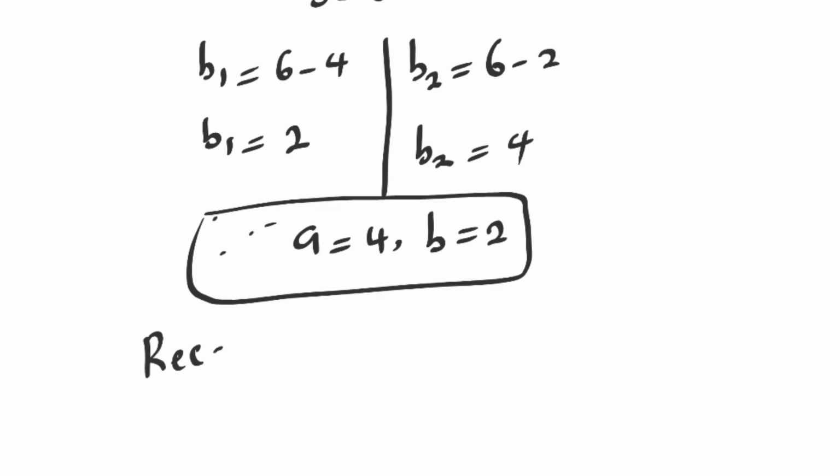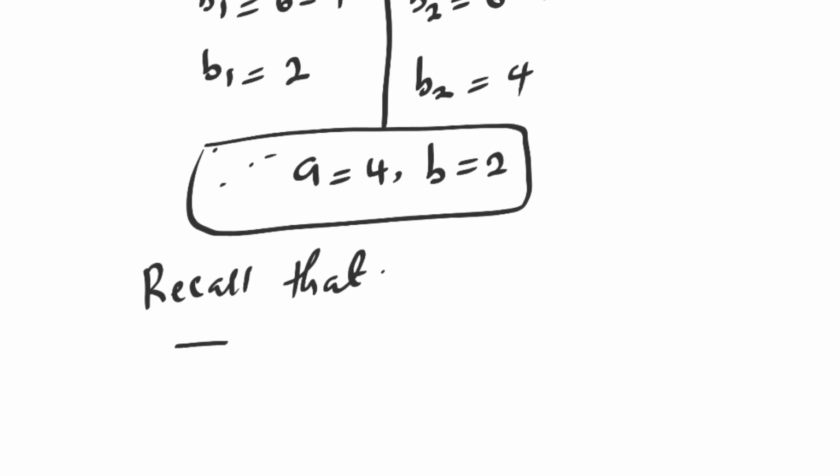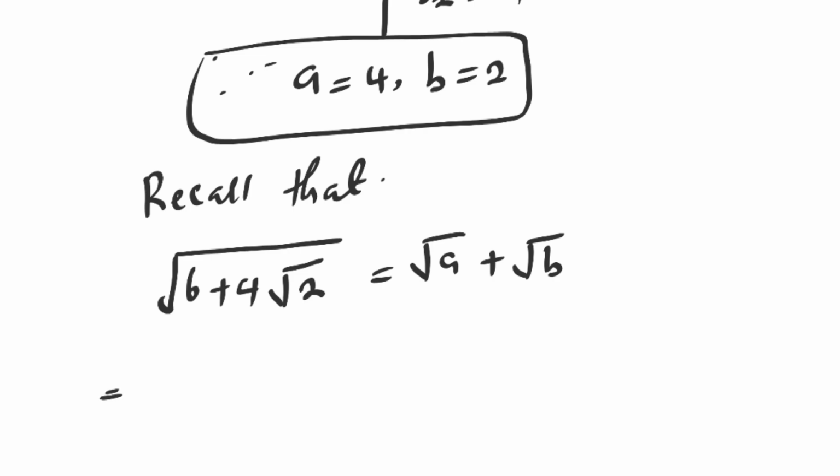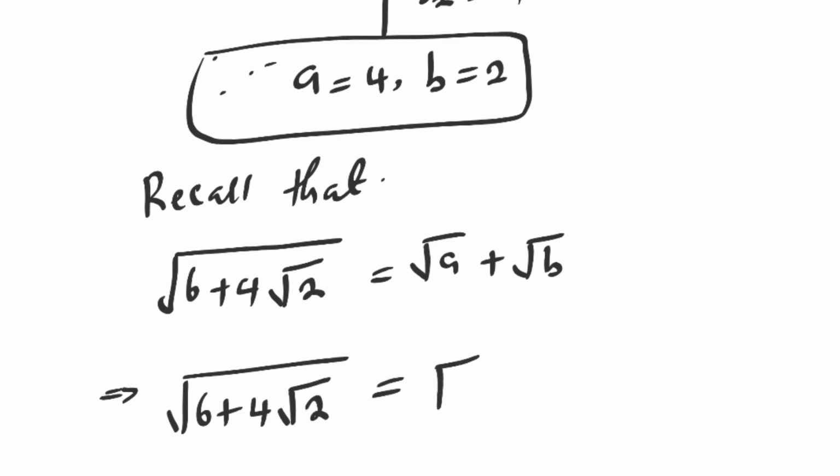Recall that square root of 6 plus 4 square root of 2 is equal to square root of a plus square root of b. Then this can be written as square root of 6 plus 4 square root of 2 is equal to square root of a, which is 4, plus square root of b, which is 2.